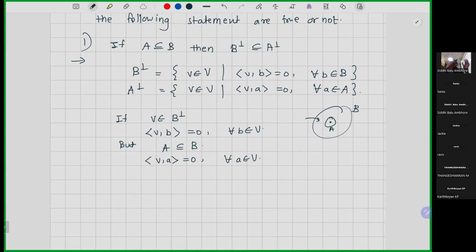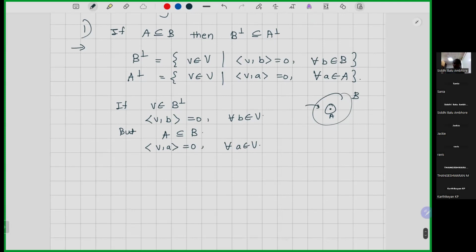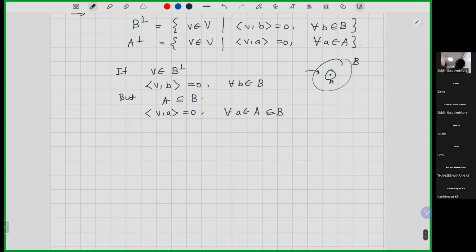If something is satisfied for elements of the bigger set, then it will be satisfied for the elements from the smaller set as well. So that is what this statement is, A is contained in B. Therefore this v belongs to orthogonal complement of A. Therefore, we have this thing.